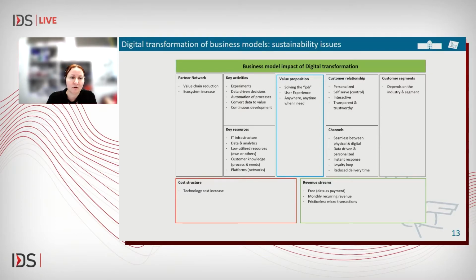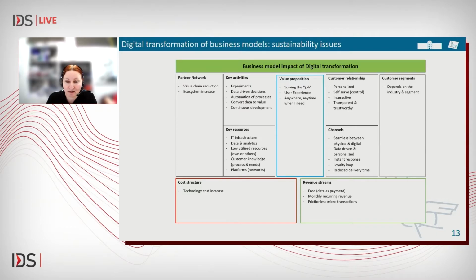If we go to the cost structure, here we have key partners. In digital transformation, this is partner networks. It's a reduction of the value chain, but on the other side, the ecosystem of partners increases. Then what could be key activities?